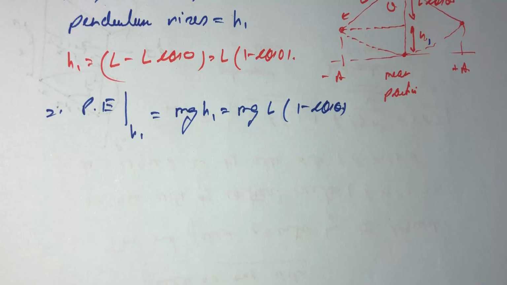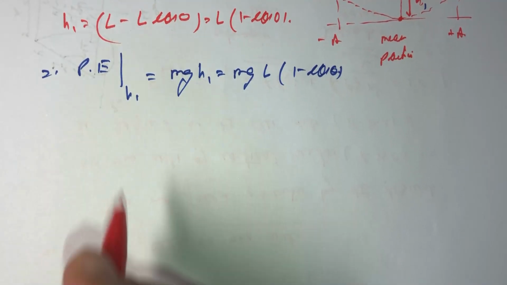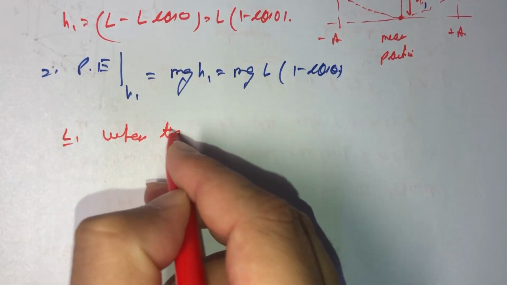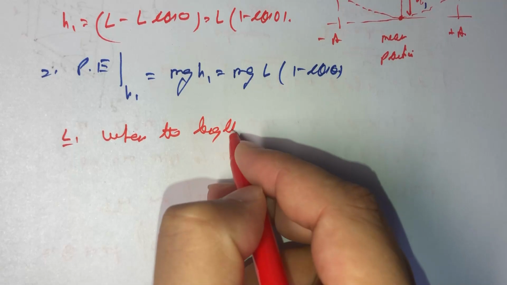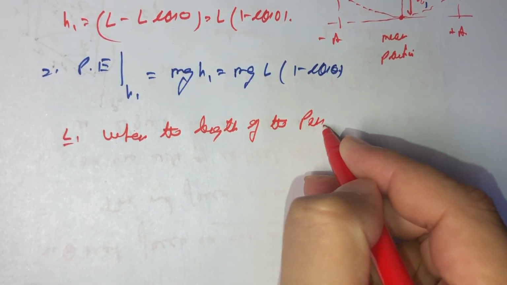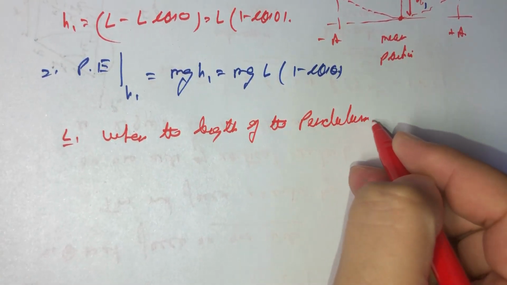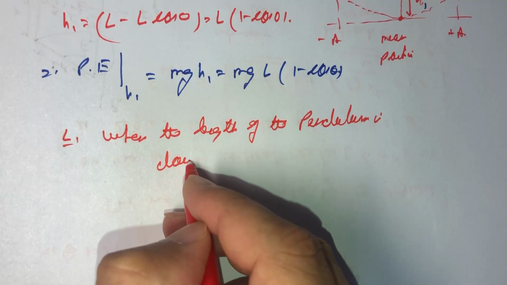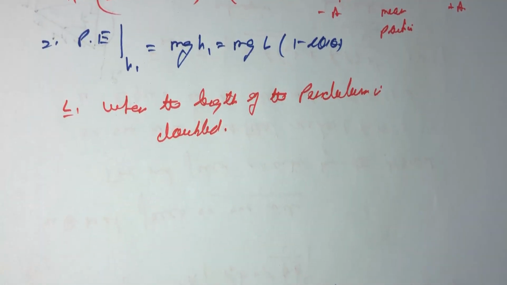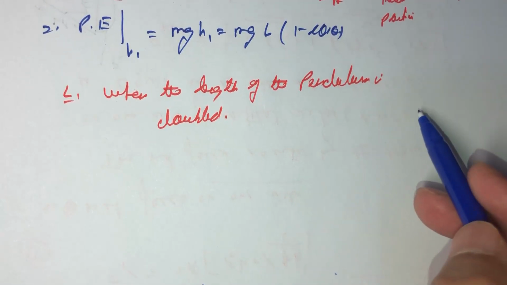The second case, when the length of the pendulum is doubled. So once again, let's draw the diagram.